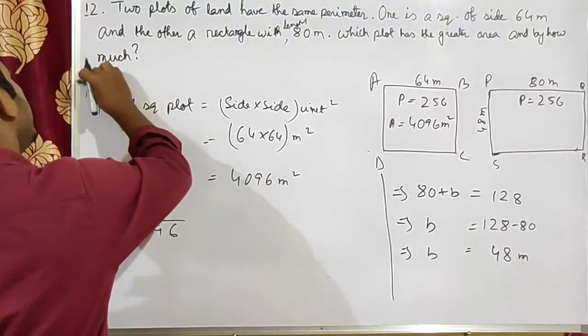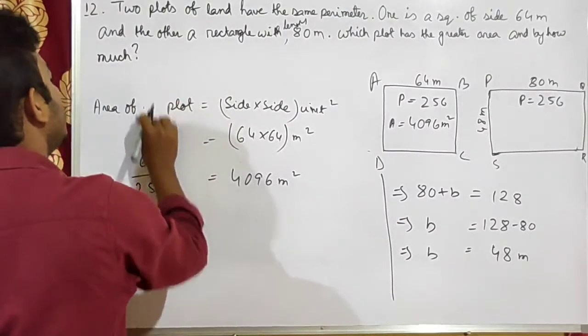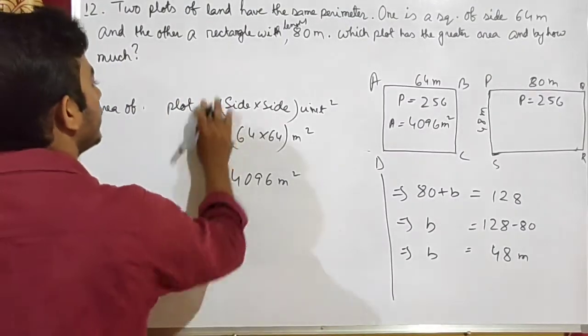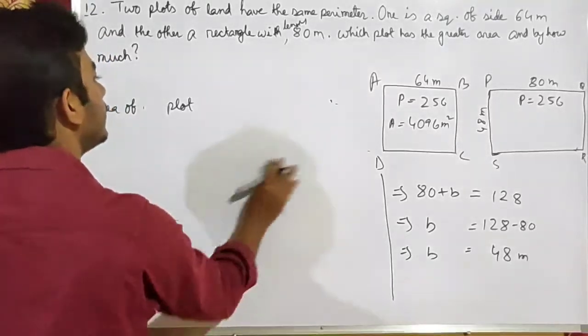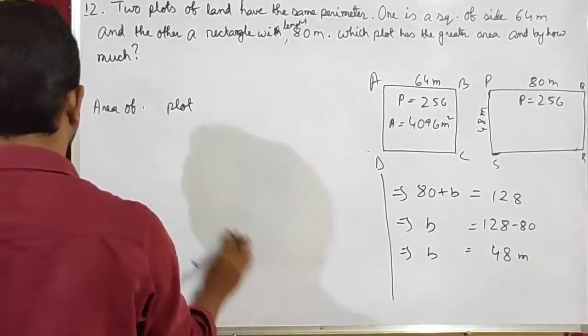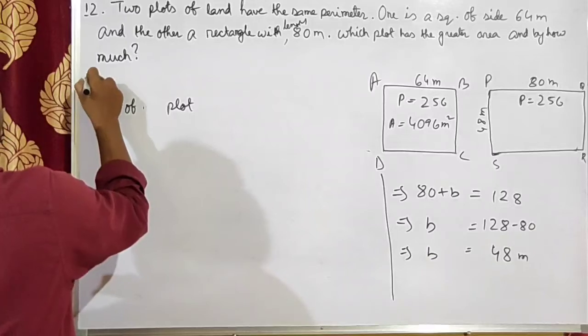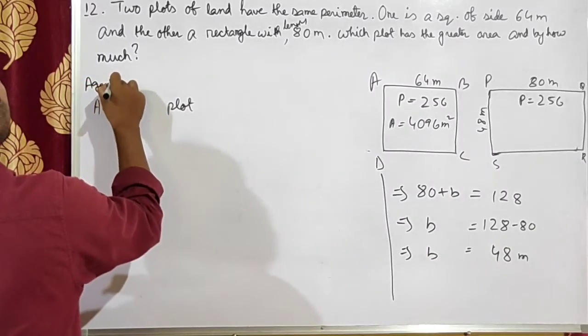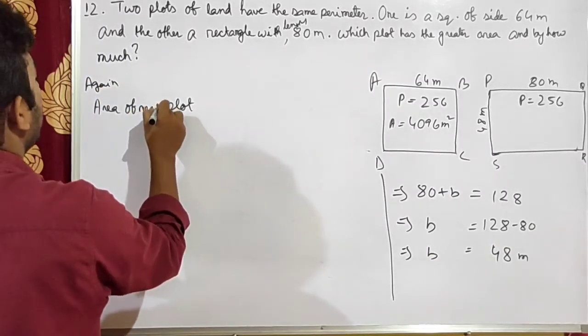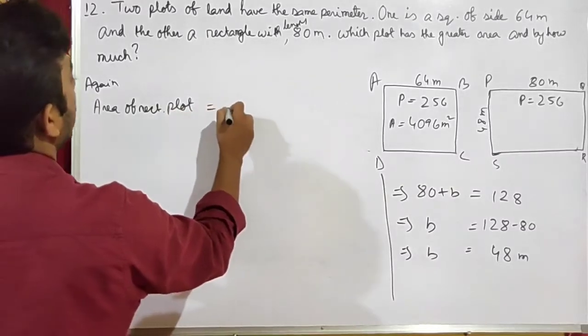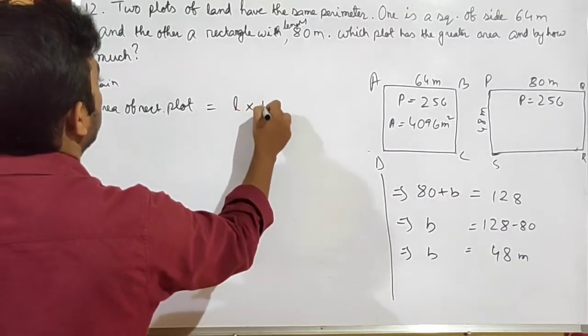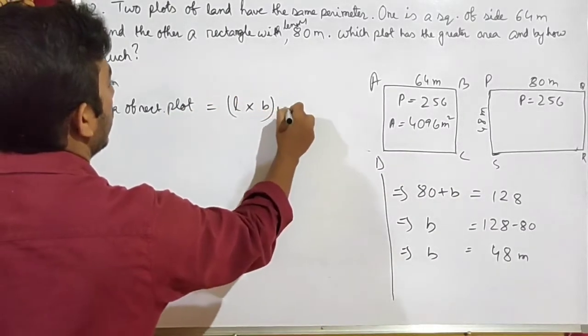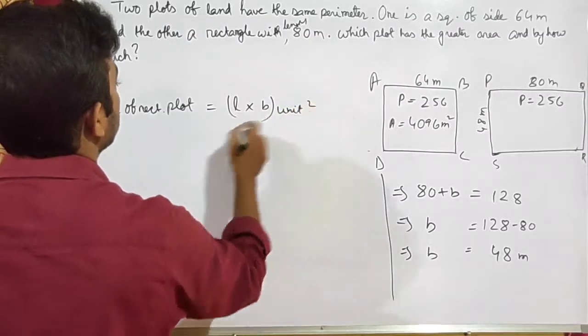So write again. Area of the rectangular plot equals length into breadth, unit square.